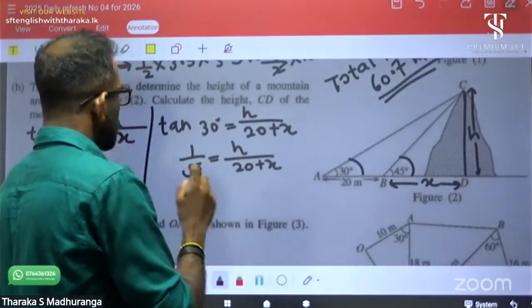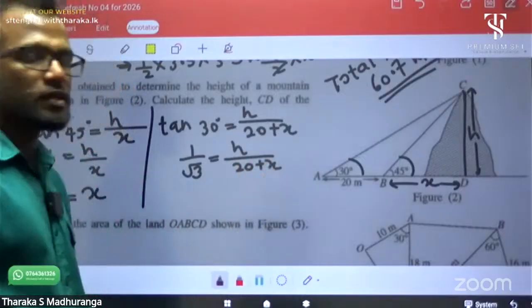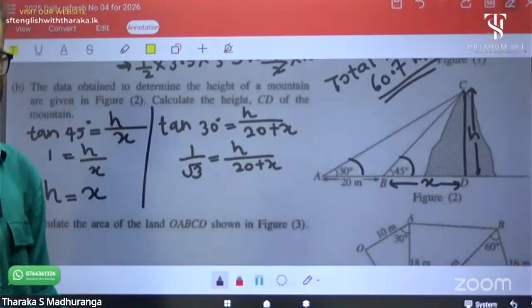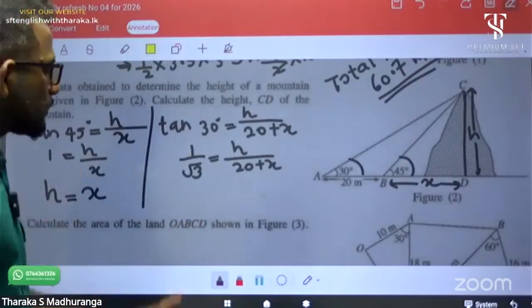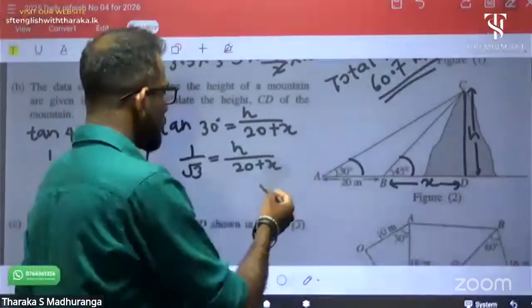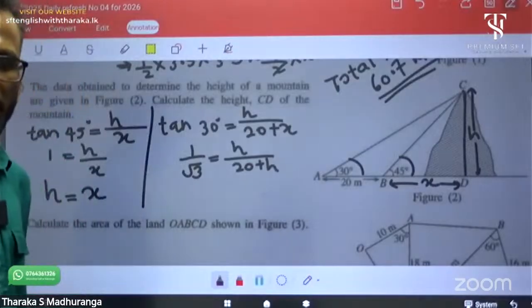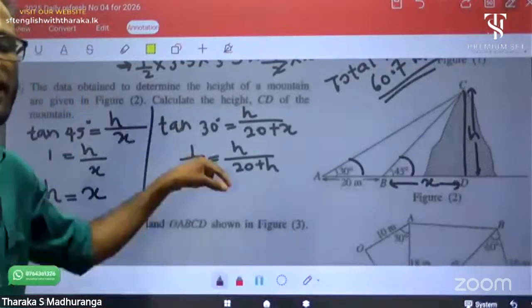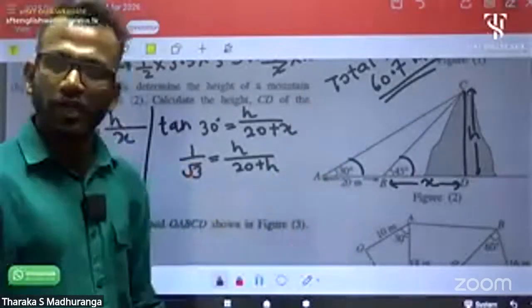Now, this x equals h, right? Then I can remove this x and substitute h instead of x. If x is 10 meter, h is also 10 meter.